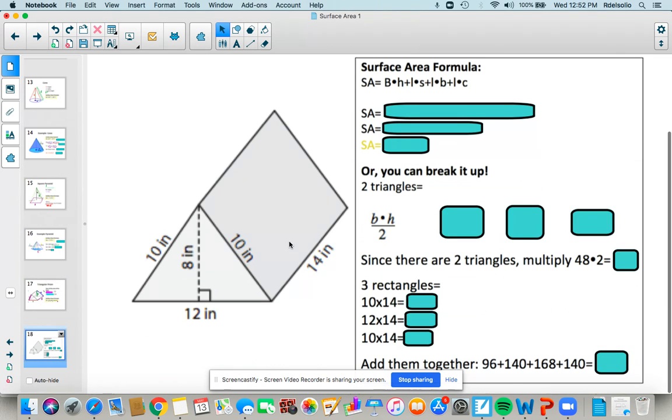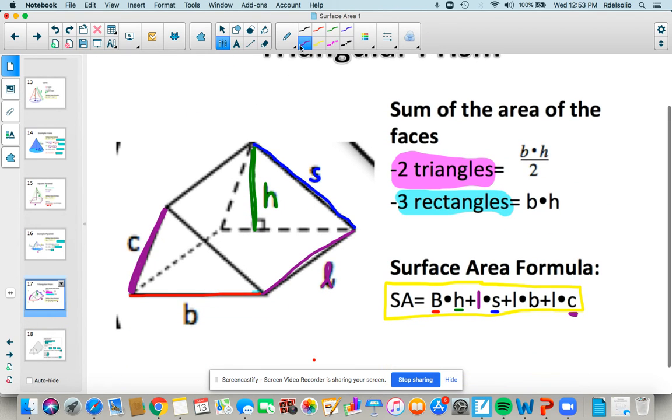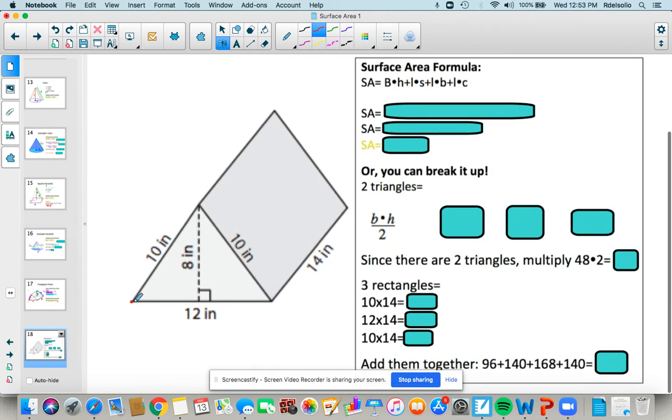So we have the surface area formula: B times H plus L times S plus L times B plus L times C. Okay, so let's start by labeling our parts. Let's refer back here. Let's identify B first. B is the base here on the bottom. See it in red? Our base, the bottom here, is 12.